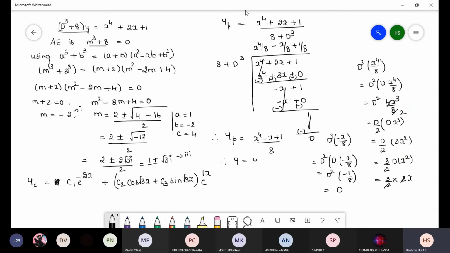Therefore, y is equal to yc plus yp. Yc is c1 e power minus 2x plus (c2 cos root 3x plus c3 sin root 3x) into e power x, plus yp, (x power 4 minus x plus 1) divided by 8.